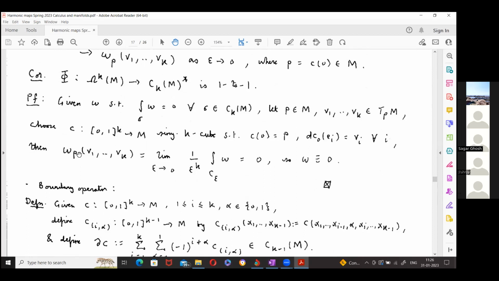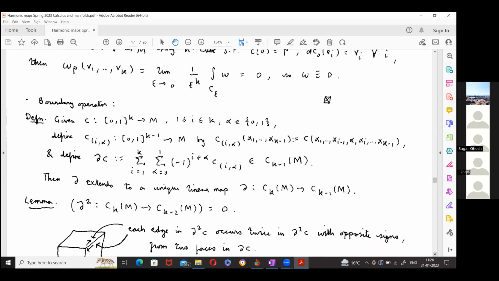And then omega P at V1 to Vk is the limit as epsilon goes to 0 of 1 over epsilon to the k times the integral of omega over C epsilon. And this is 0 because the integral of omega over any k cube is 0. Therefore, omega applied to any k tangent vectors is 0 at any point, and so omega is identically 0. Is this clear? Yes, sir, it's clear. So the kernel of this linear map is trivial, so this linear map is 1 to 1.